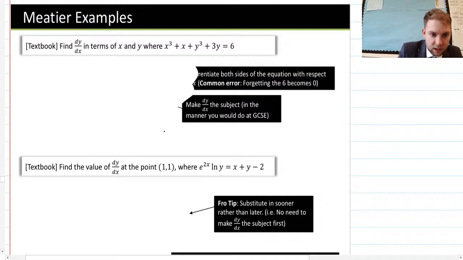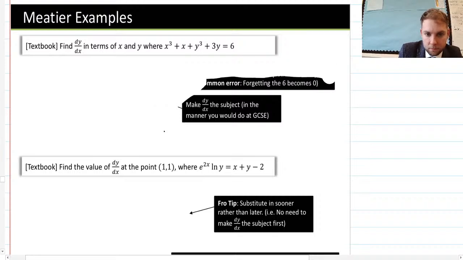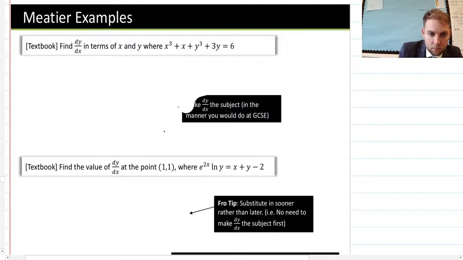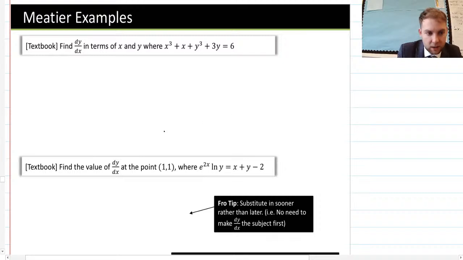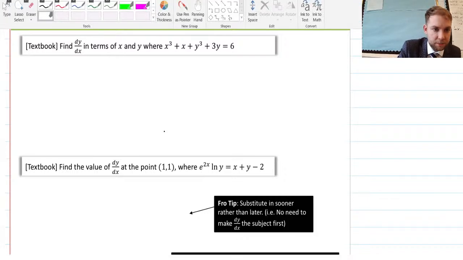Just get rid of this for a sec. Okay. So find dy by dx in terms of x and y of this one here.